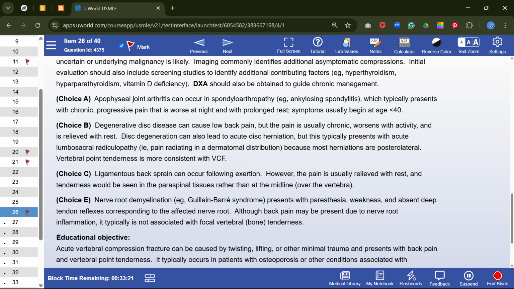Ligamentous back sprain can occur following exertion. However, the pain is usually relieved with rest, and tenderness would be seen in paraspinal tissue rather than at the midline over the vertebra.